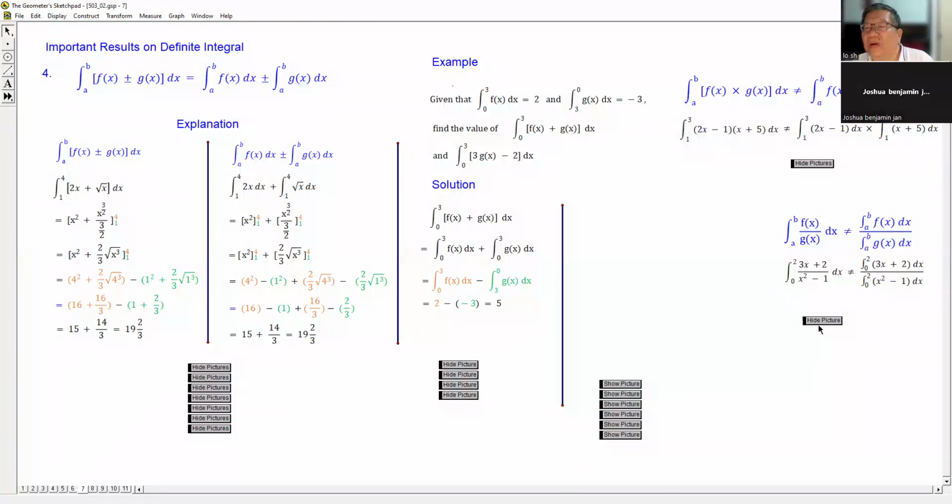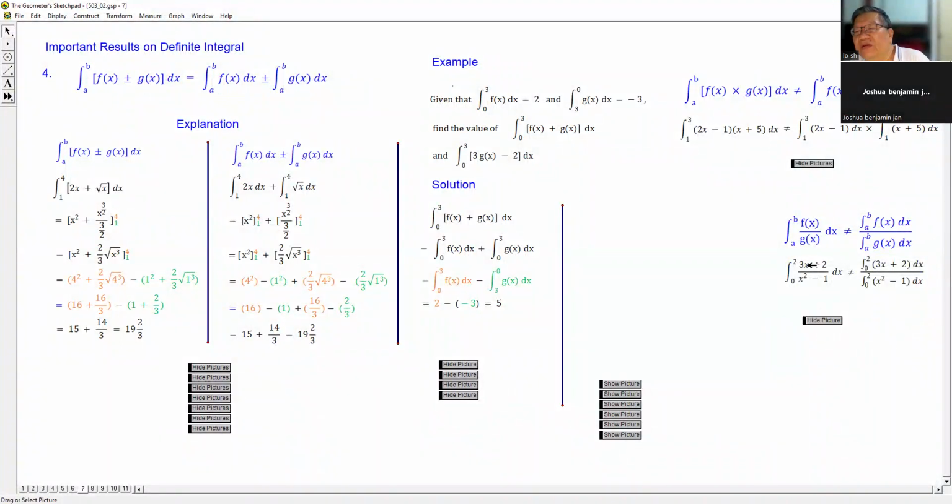Now, another thing that you cannot do is, let's say instead of f(x) minus g(x), you have f(x) divided by g(x). Can you say that you can separate them to integrate f(x), then divide by integrate g(x)? No. This type of result will not apply to cases like multiplication and division.